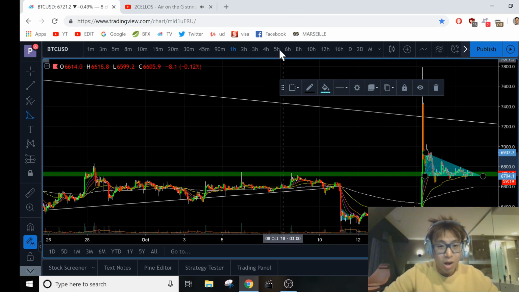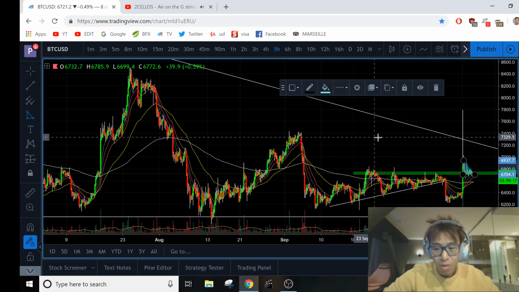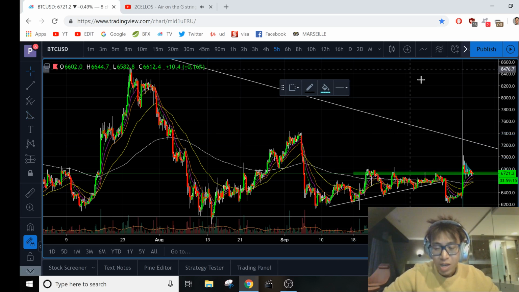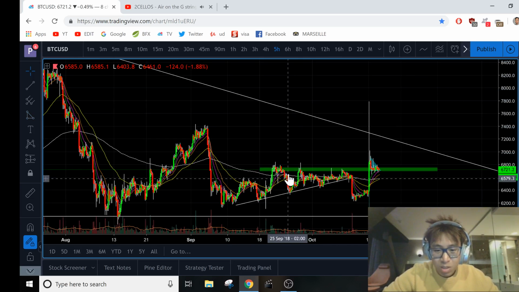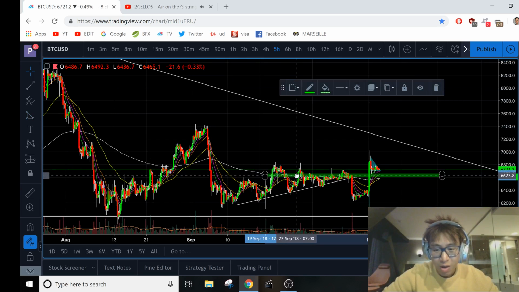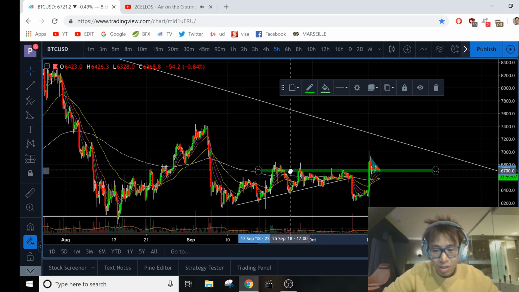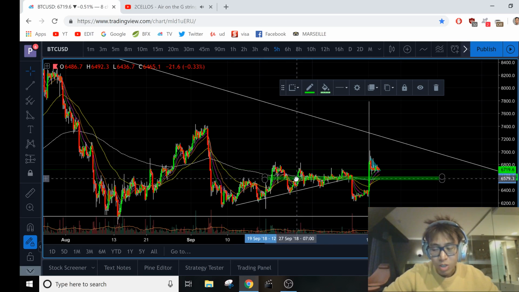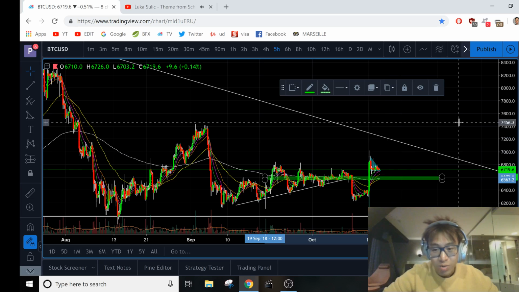Okay, let's get to a higher time frame so you guys can easily see it as well, okay? My next range of support is going to be in this region, right around there, honestly. Right now we're trending in the higher region, but we're easily going to get to a lower region soon, in my opinion, like the 6,500 to 6,600 range.